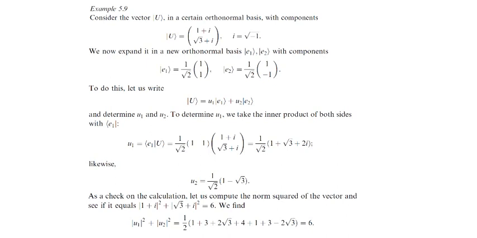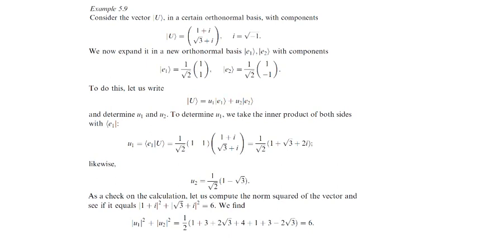Now, if you are trying to expand u in terms of these basis vectors e1 and e2, you will be writing your vector like this, right? Relevant coefficient times e1 plus relevant coefficient times e2.